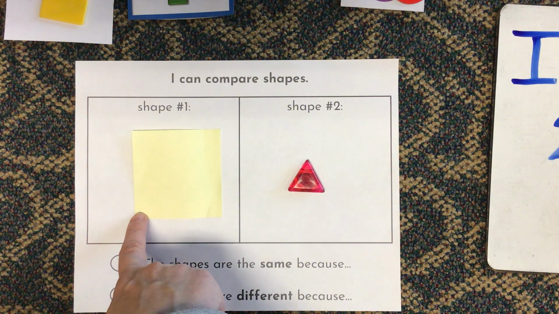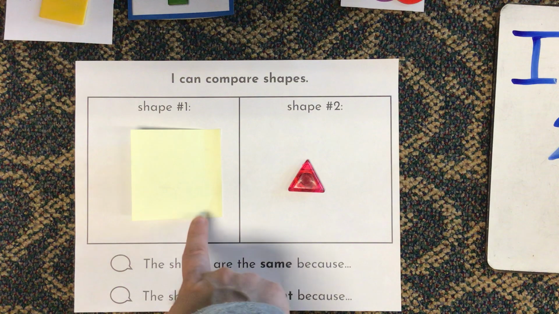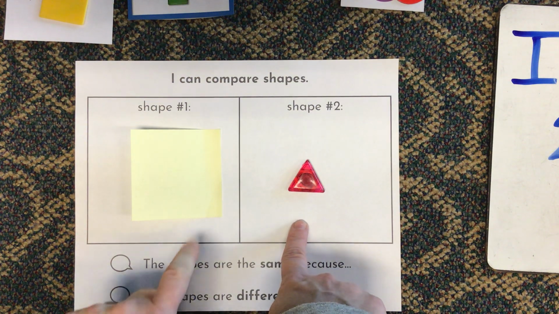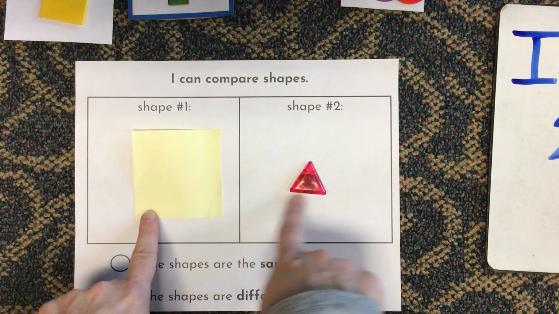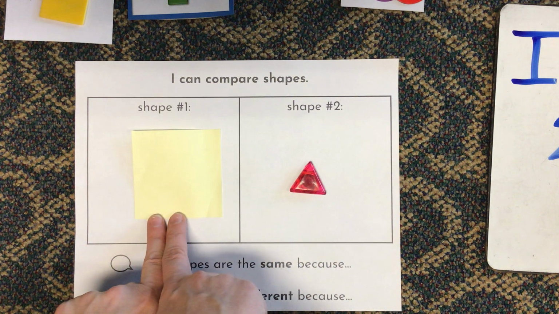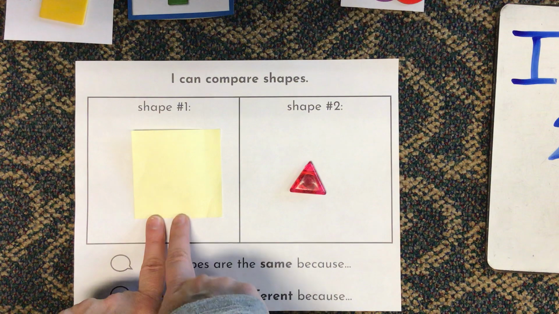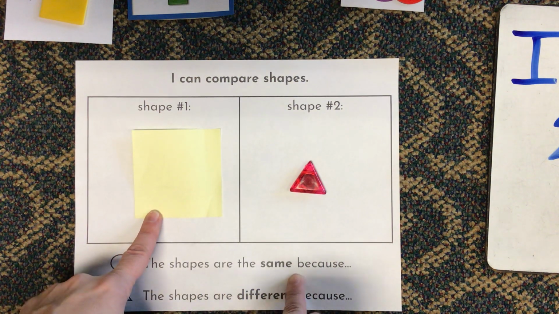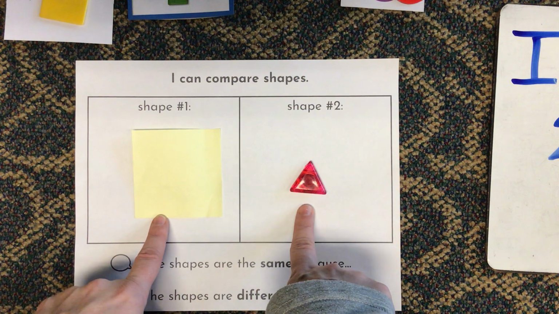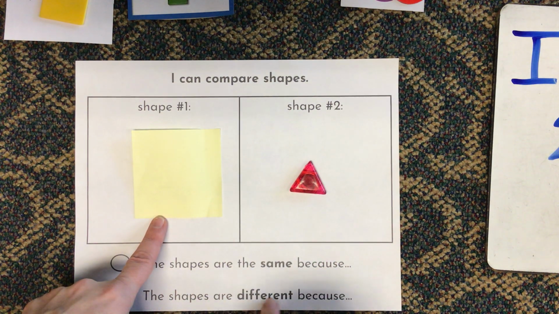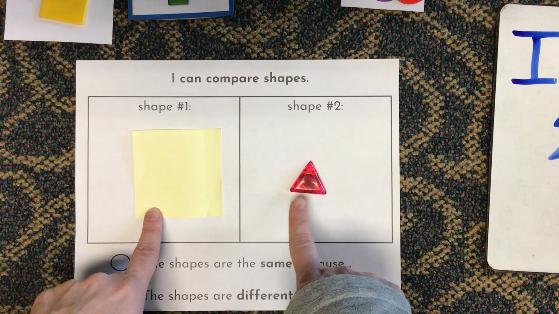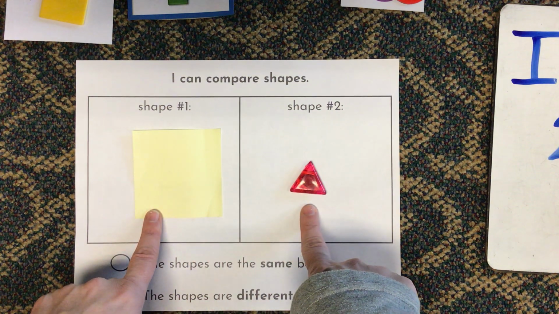Well, let's look at the amount of sides that they have, okay? Does this shape have sides? Yes, it does. It has 3 sides. Does this shape have sides? It does. It has 4 sides. So the shapes are the same because they each have sides. But the shapes are different because this shape has 4 sides and this shape has 3 sides.